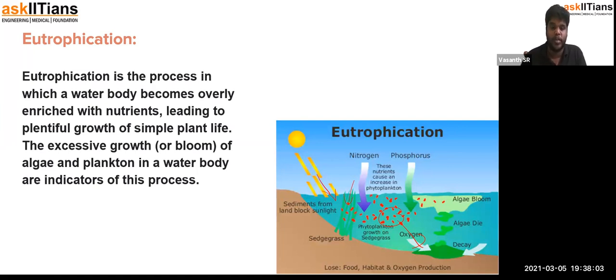So in a nutshell, eutrophication is a process where there is an abundance of organic material, as a result of which the organisms surviving in the water are replaced by excessive growth of phytoplankton and other plants mostly. As a result, there will be complete loss of habitat for the organisms in that water source. So this is called eutrophication. I hope every one of you understood eutrophication.